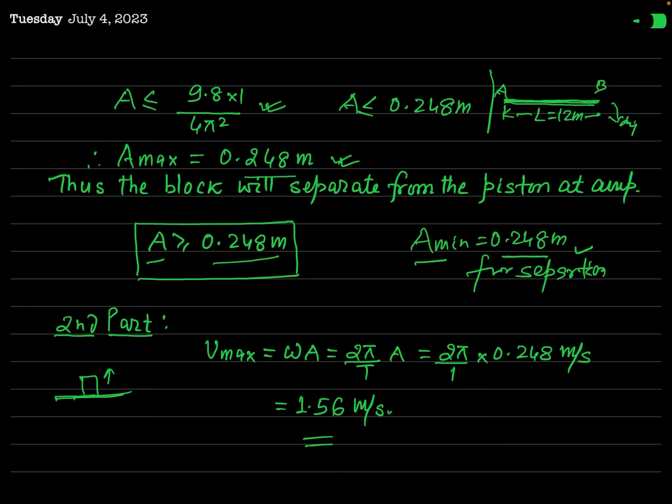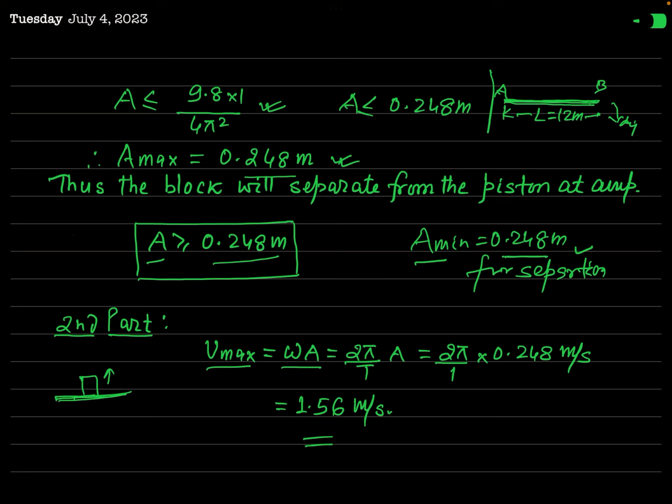Since this block is performing simple harmonic motion and the piston is also performing the same simple harmonic motion, the maximum velocity during simple harmonic motion, as you have learnt, is omega times A. We have to find this velocity when the block has just separated from the piston.